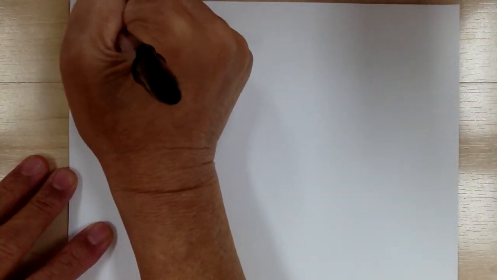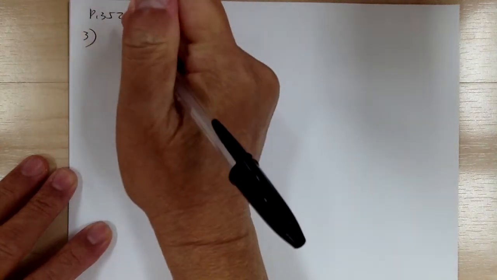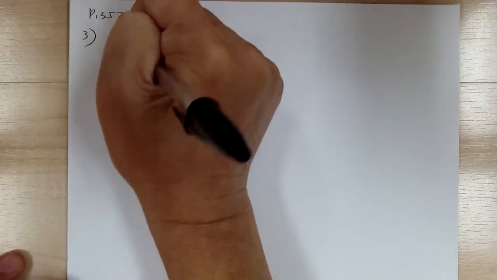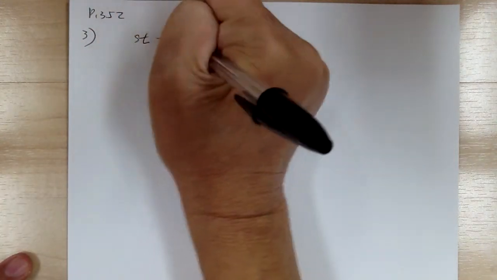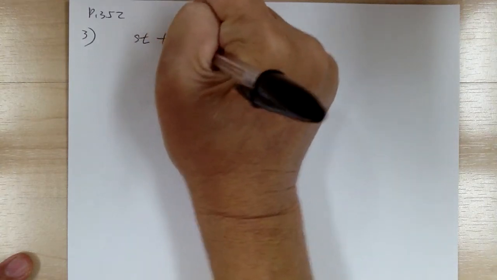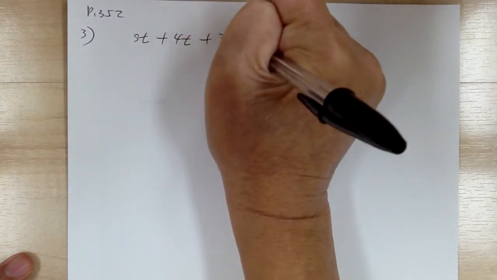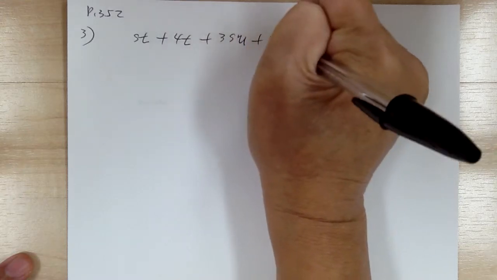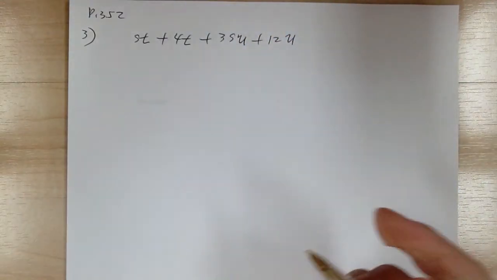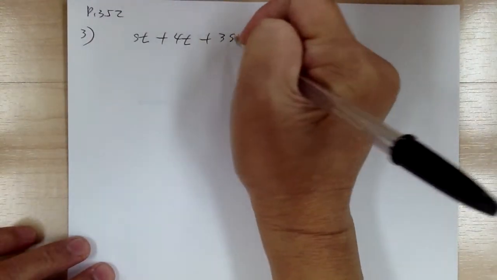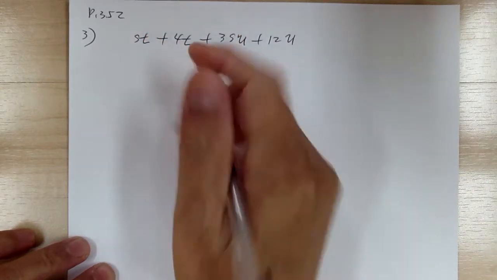Okay. Let's go to number 3. Here you have ST plus 4T plus 3SU plus 12U. You can go to your list. So step 1, step 2, so it'd be step 2C.